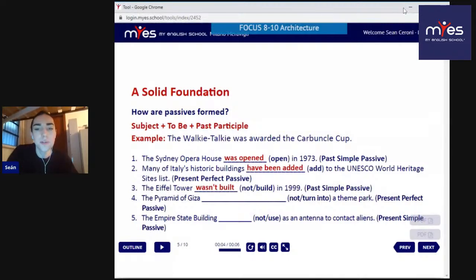I wonder if you know what a theme park is. So, a theme park is a park with roller coasters and amusements, for example, Disneyland.